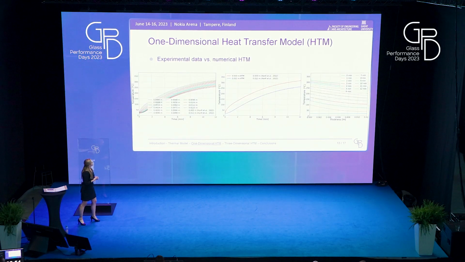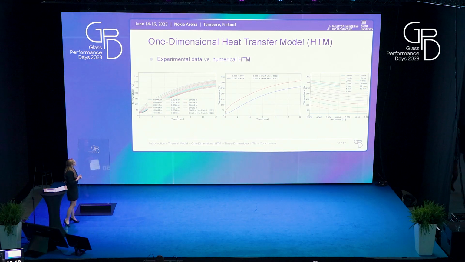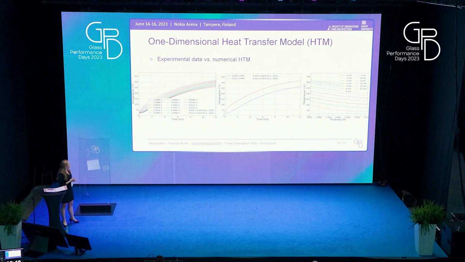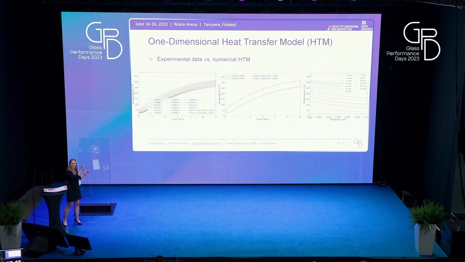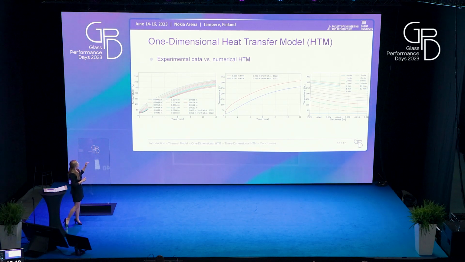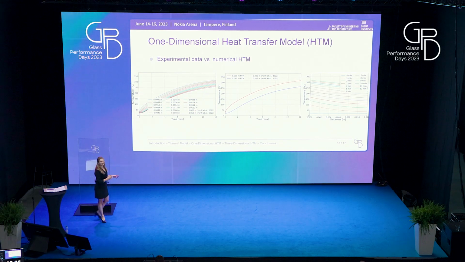So when we compared the experimental data with the numerical data, we saw that it fitted quite nicely. At the left side, you can see all the temperature evolutions of the different slices in the discretized geometry. It's a lot of information on one slide, so actually the one next to that is more clear.